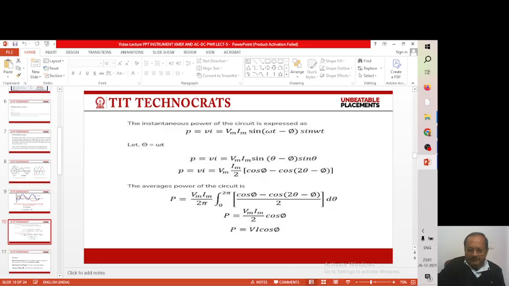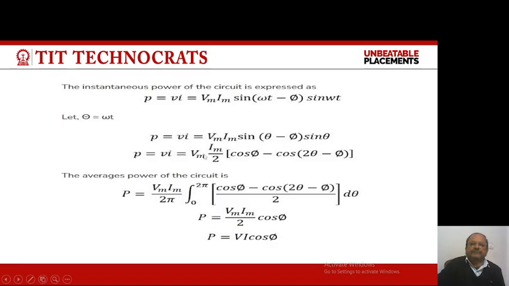What is the average formula? P, the average power in the circuit, is equal to 1 upon T times the integration from 0 to T of f(x) dx.